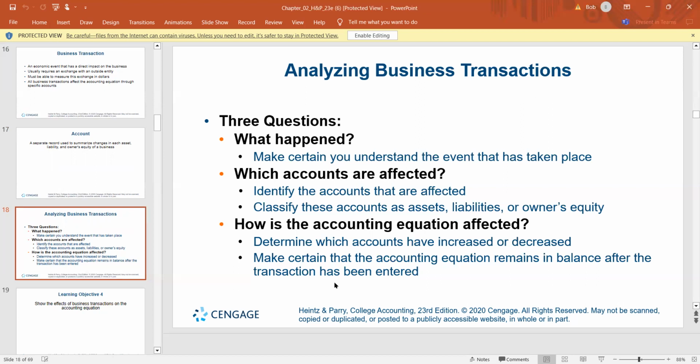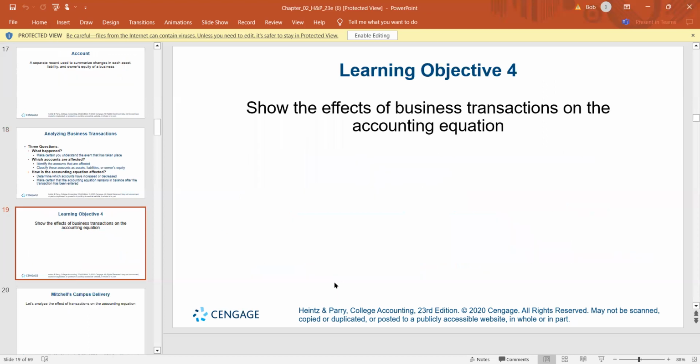What accounts are affected? Identify the accounts that are affected and make sure you know that they're either an asset, a liability, or an owner's equity. And then make sure that the accounting equation is in balance once you have increased or decreased the accounts. Make certain that the accounting equation remains in balance, okay?